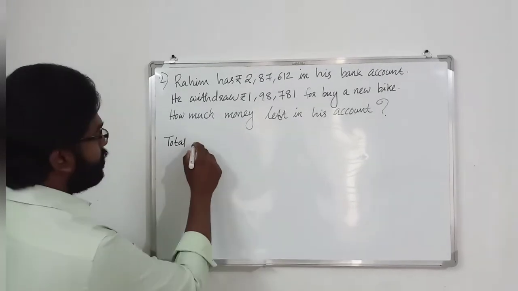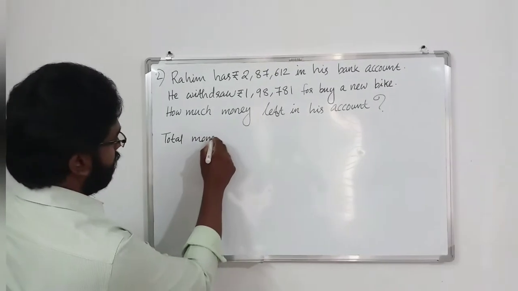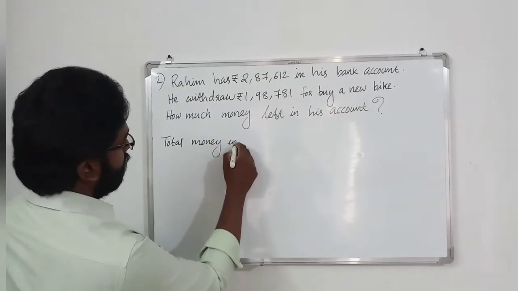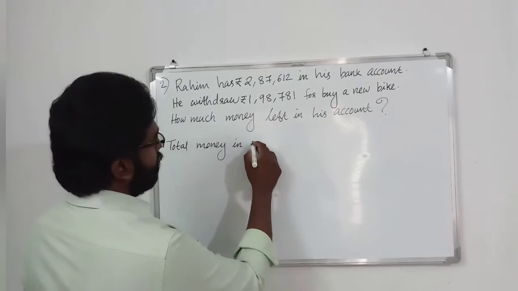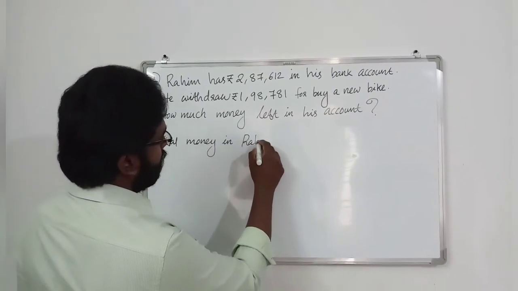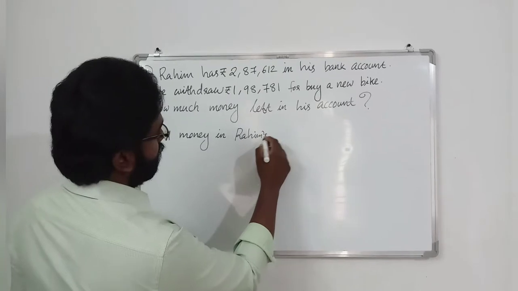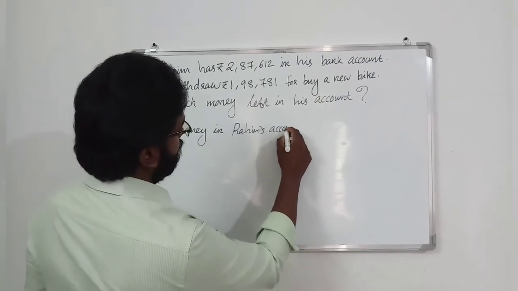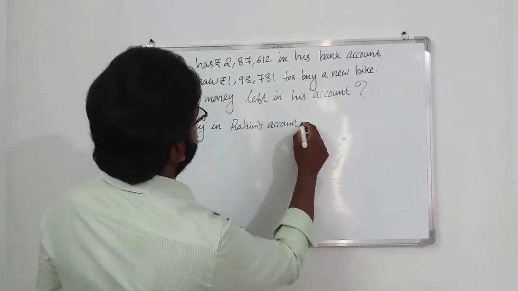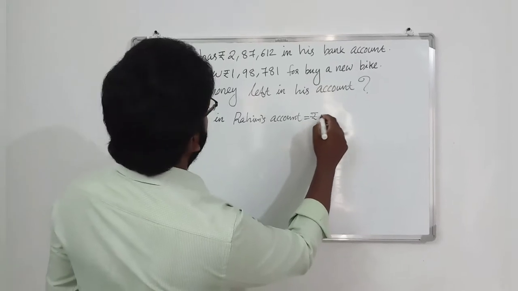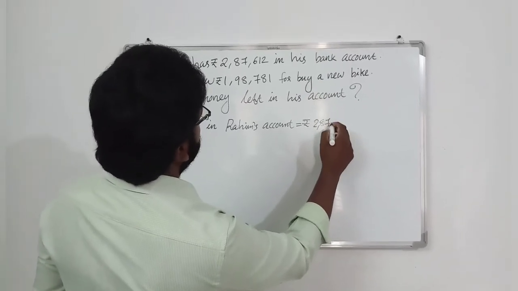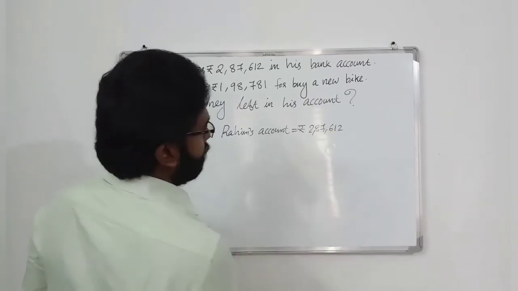First step: total money in Rahim's account, total money 2,87,612.